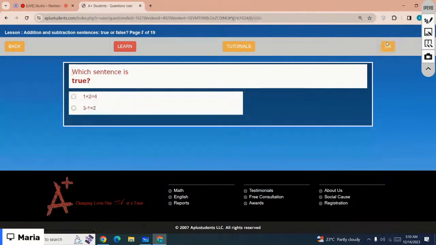Okay, the next one: which sentence is true? 1 plus 2 equals 4 or 3 minus 1 equals 2. So which option is the correct one?